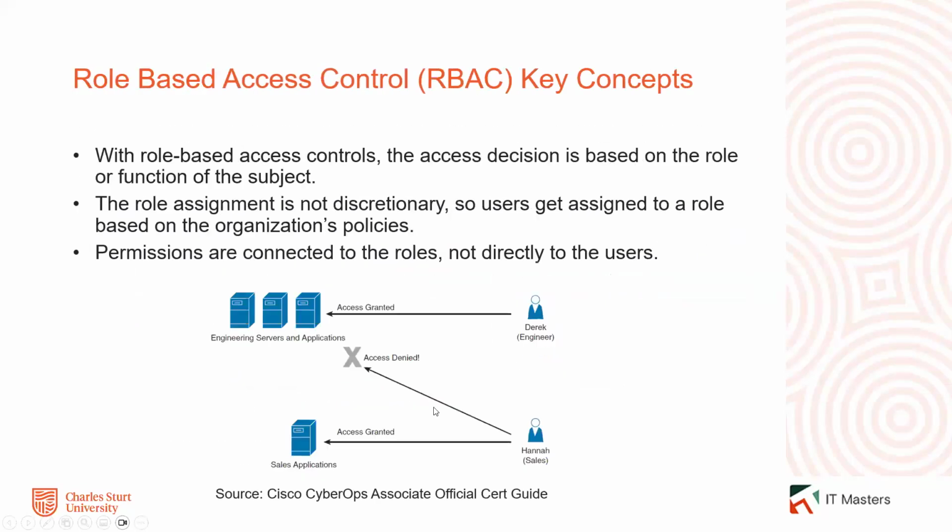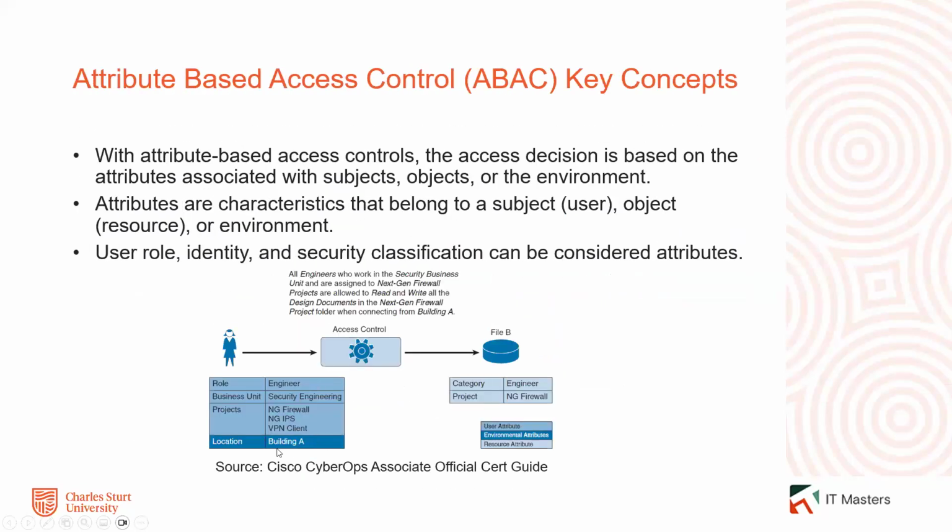Attribute-based access control uses a lot more attributes, okay? So they're not just necessarily groups, they are attributes which are specific to particular users. In this example, you could consider them to be groups, so a more complex implementation of role-based access control, but it's not the same thing.